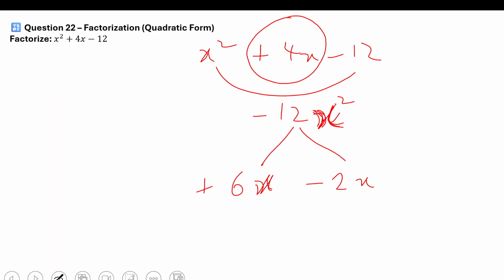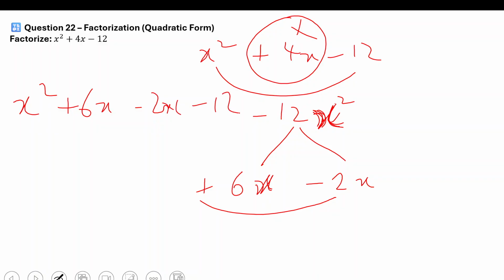That condition is satisfied. And plus 6x minus 2x will give us plus 4x. So I'm going to use this to substitute for the middle term. So again, x squared, instead of writing plus 4x, I'll write plus 6x minus 2x minus 12.